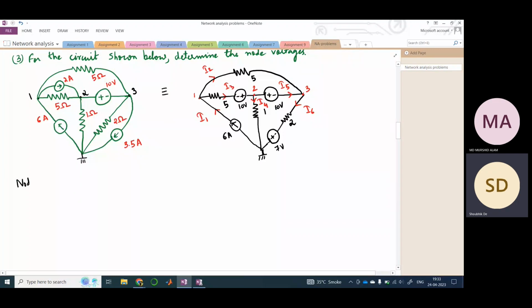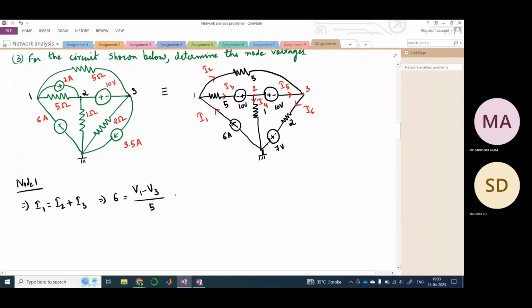Let us first write the equation of node 1. This would be I1 is equal to I2 plus I3, right? What is I1? It's 6 amperes. What is I2? Carefully see, I2 is between 1 and 3, so this would be V1 minus V3 by 5. And I3 is between 1 and 2, so this is V1 plus 10 minus V2, because there is a voltage source here, divided by 5 ohm.